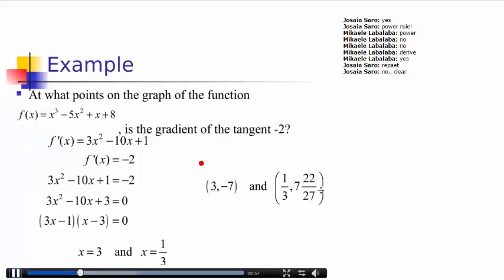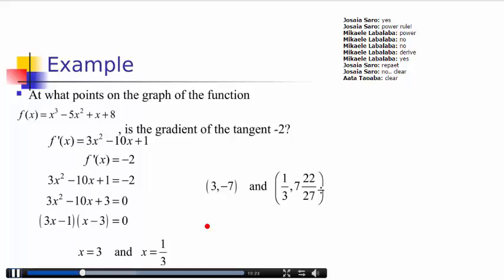Now what is given to you? You are given the gradient, you have to find the points. Is the question clear to you? Good. So now we know the question.